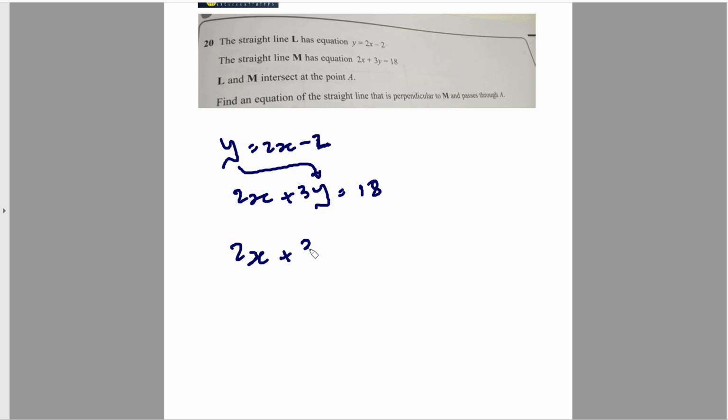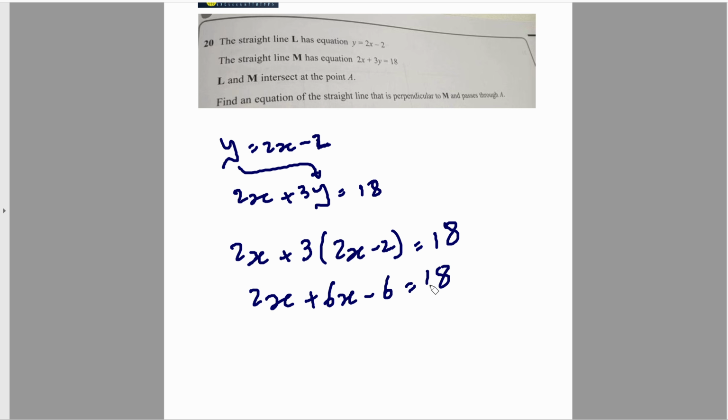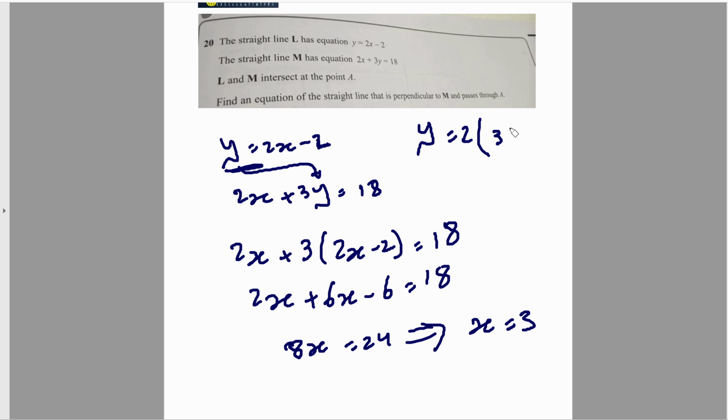So 2x add 3 bracket 2x minus 2 equals 18. Expand, so 2x add 6x minus 6 equals 18. 8x, if you collect like terms, equals 24, so x is 3. Sub x here to find y, so y equals 2 bracket 3 minus 2, which gives me 4. So now the intersection point is 3, 4, the coordinates of it.